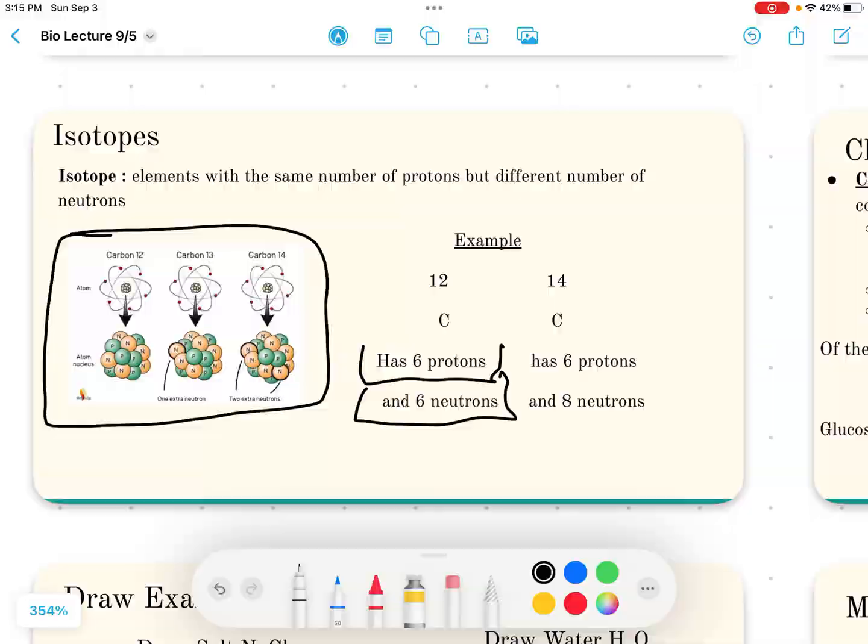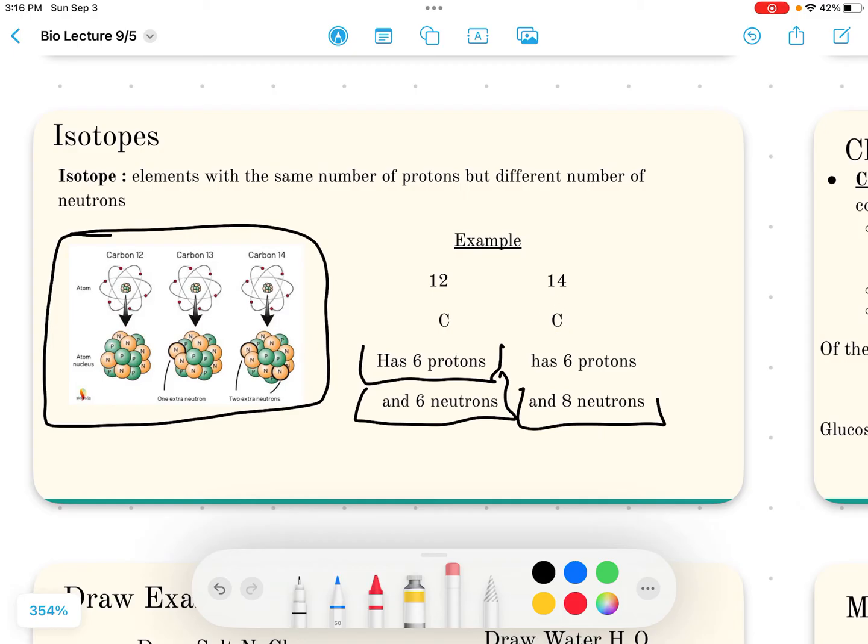So in that example, we dealt with carbon-12. We can also deal with carbon-14, which means it gained an extra 2 neutrons. It's still carbon because the number of protons stayed the same, but the mass changed because we gained a few extra electrons. Or sorry, gained a few extra neutrons in our atom.